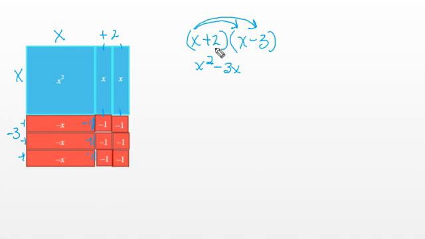And now we're going to distribute this +2 to each of the terms in our second factor. So we've got 2 times x, which is 2x, and 2 times -3, which is -6.